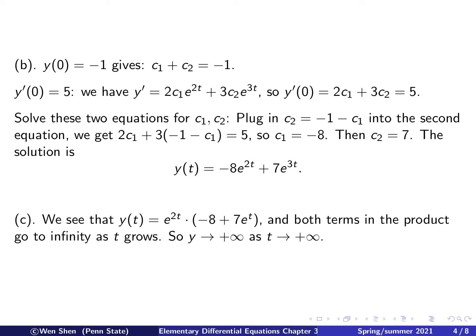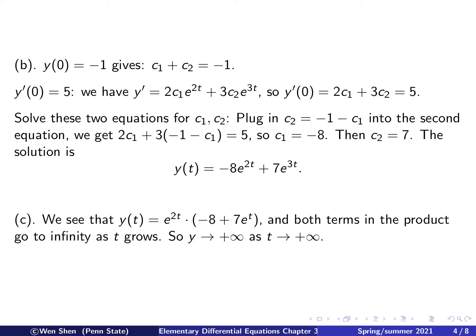Now it's clear, when t goes to infinity, this term goes to infinity, and then this term goes to infinity while this is a constant, which will not matter. So we have infinity times infinity, and therefore the product will go to infinity. So we can conclude y will go to plus infinity as t goes to plus infinity.